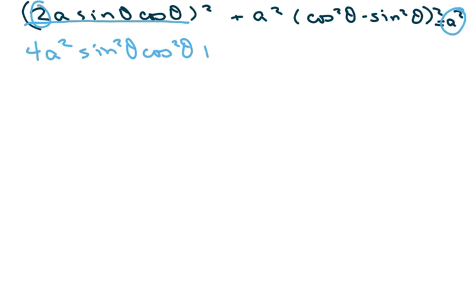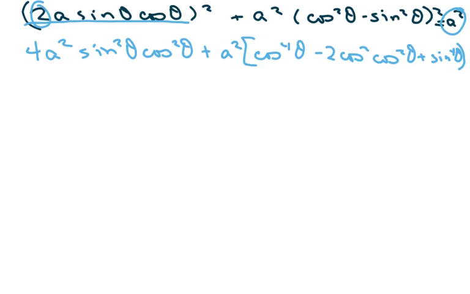Now this part is like we did in the previous one. You have to write all this out. So this is going to be cosine to the 4th minus 2 cosine squared sine squared plus sine to the 4th theta.